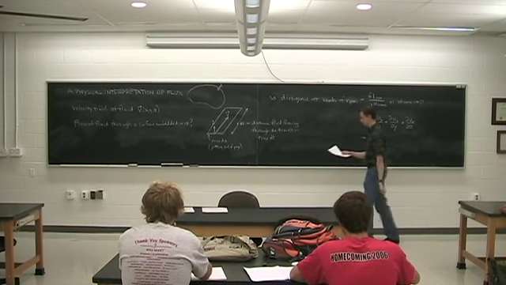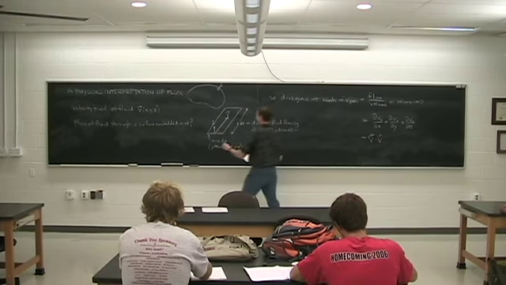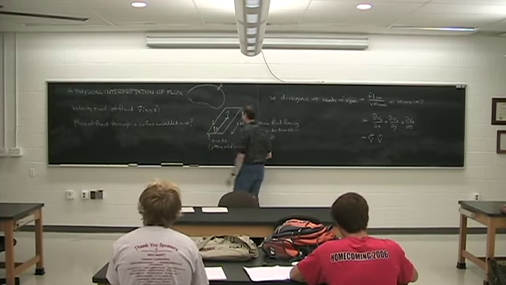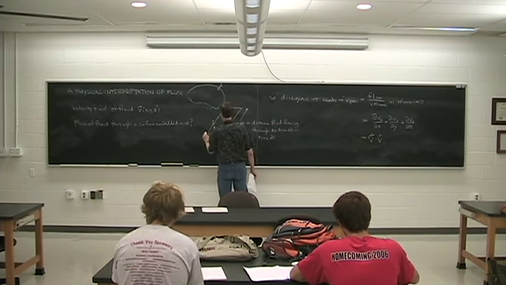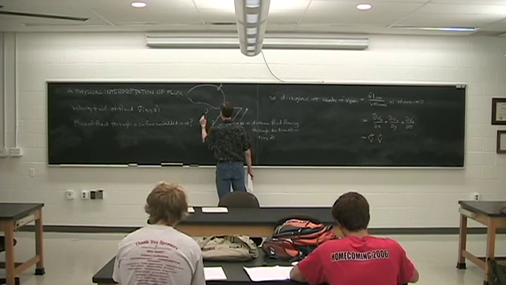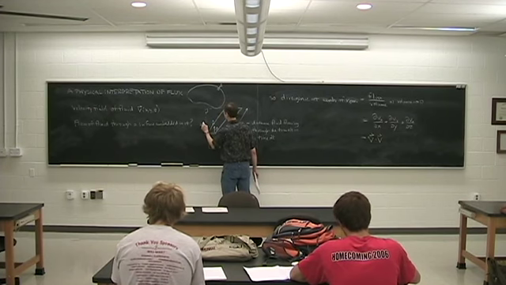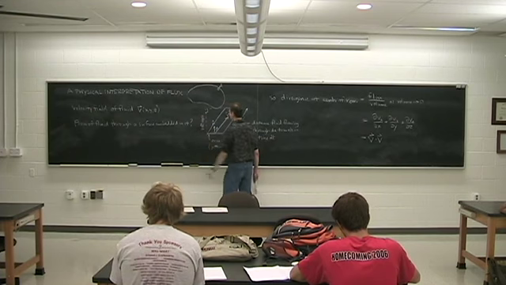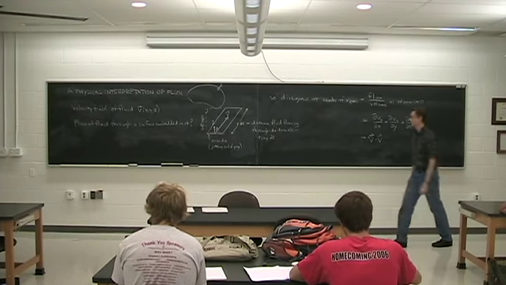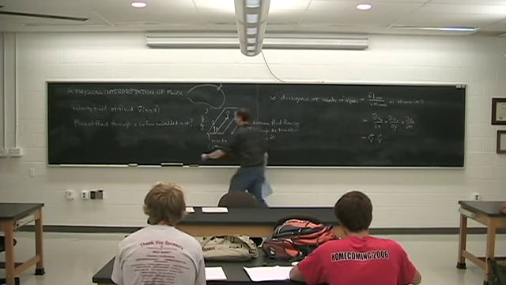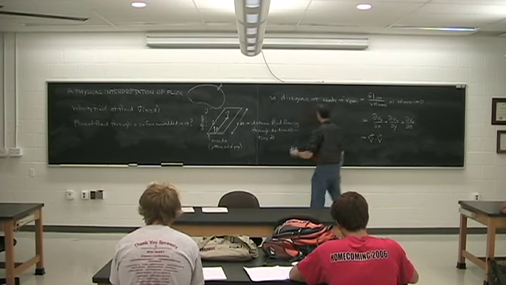And if this angle theta is the angle between n hat and v, then v dt cosine theta is the altitude of that parallelepiped there.